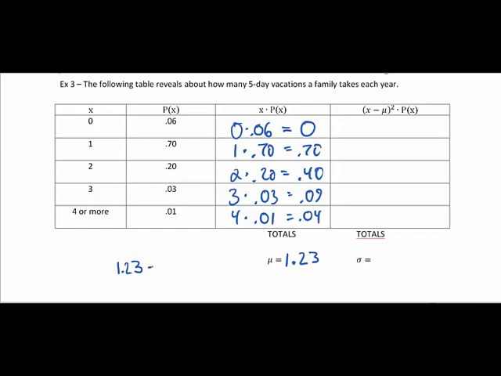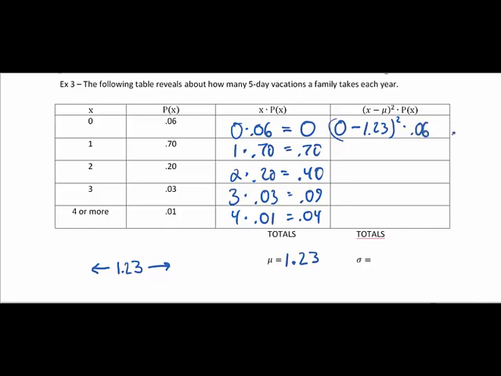But what's the standard deviation? So what is my give or take on this situation? Well, let's go figure it out. Let's take my event, subtract my average, square that, and then multiply it by the probability, which is 0.06.